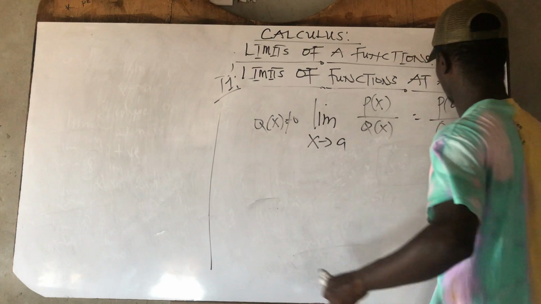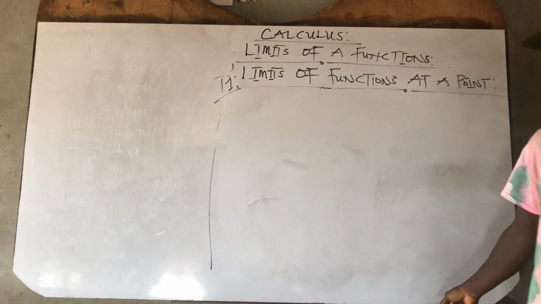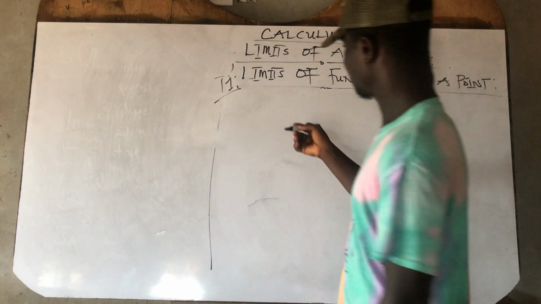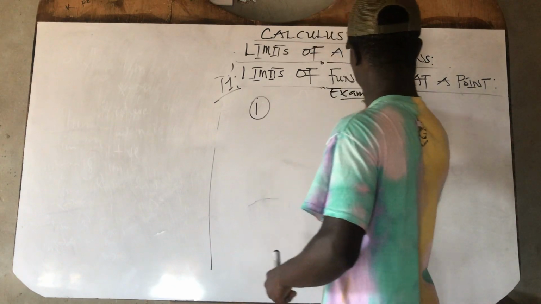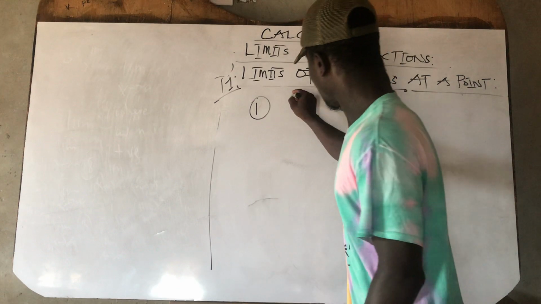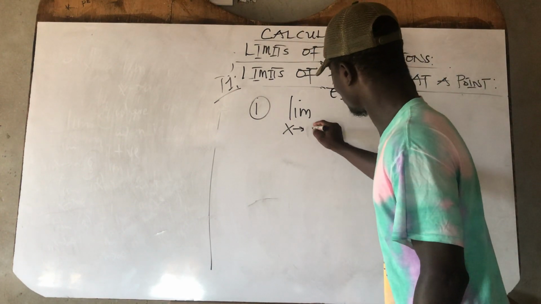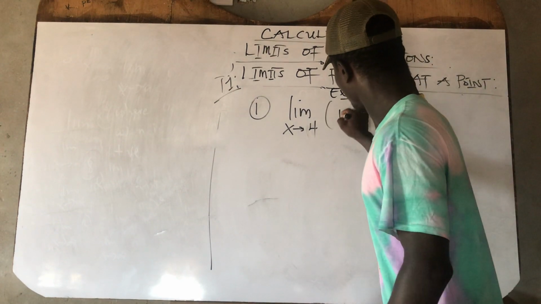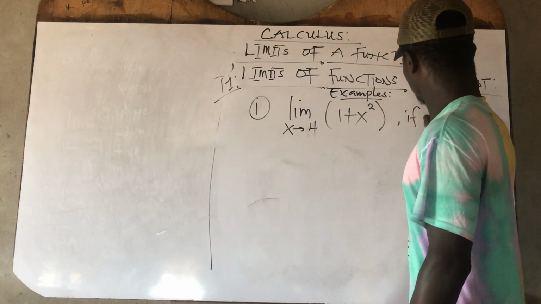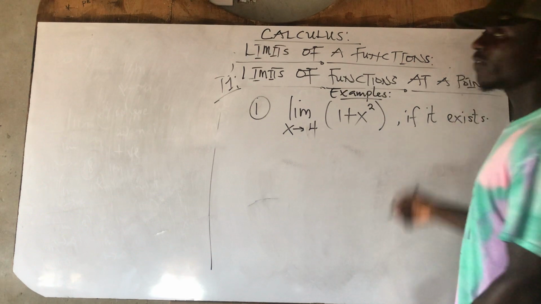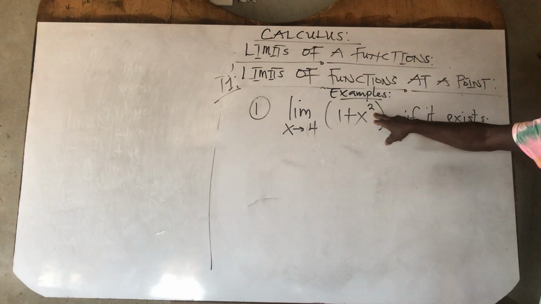All right, let's start with examples quickly. Example 1: find the limit as x approaches 4 of 1 plus x squared, if it exists.